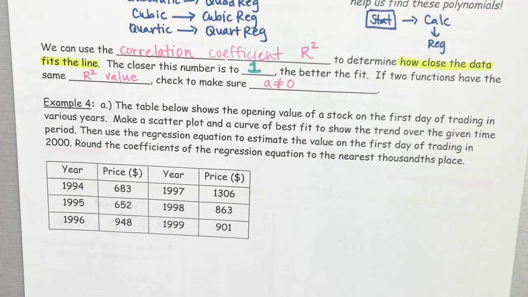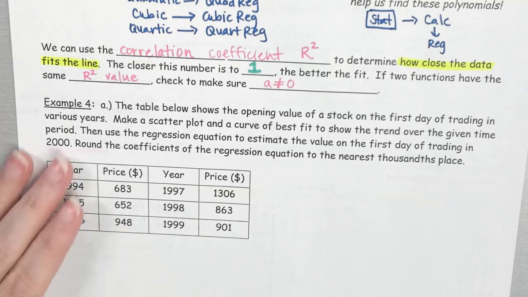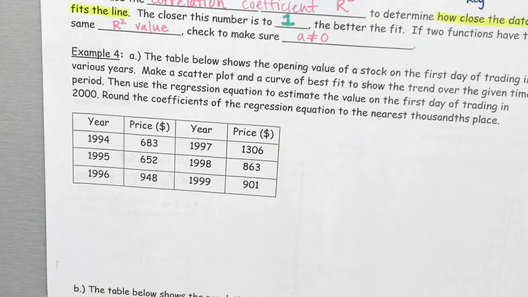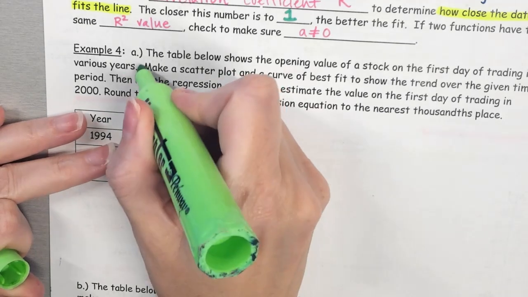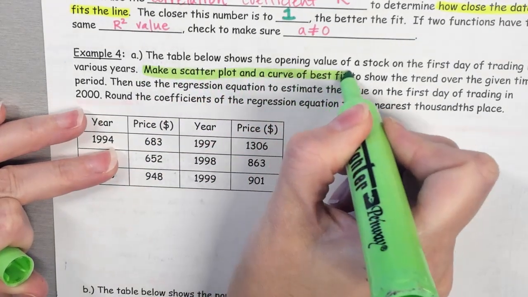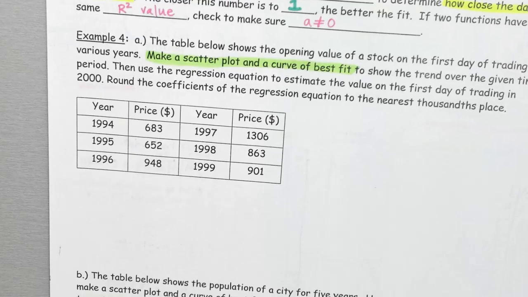So what we're going to do today is we're going to learn how to enter data into our calculator. Have any of you done that before, entered data into the calculator? You guys have? Okay, so some of you might be familiar. We have a table that shows the opening value of a stock on the first day of trading in various years. What we're going to do is make a scatter plot and curve of best fit. We're going to do this on the calculator though, because we want to see what the trend is over the given time period.